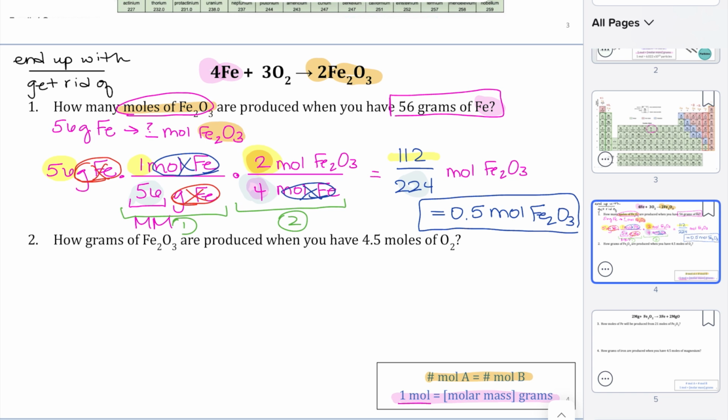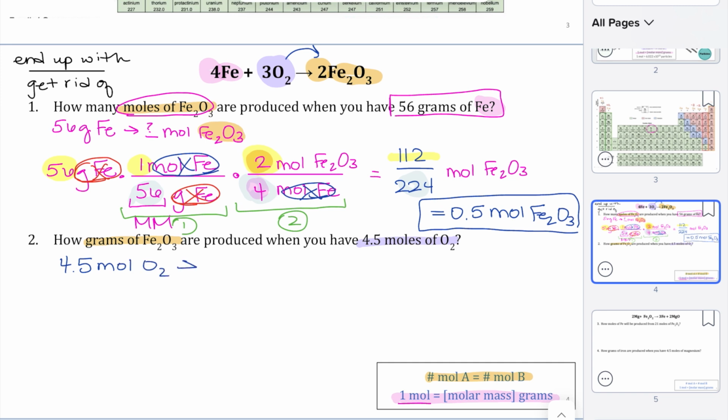How many grams of Fe2O3 are produced when you have 4.5 moles of oxygen? So we're starting at moles of oxygen, going to moles of iron oxide, going to grams of iron oxide.